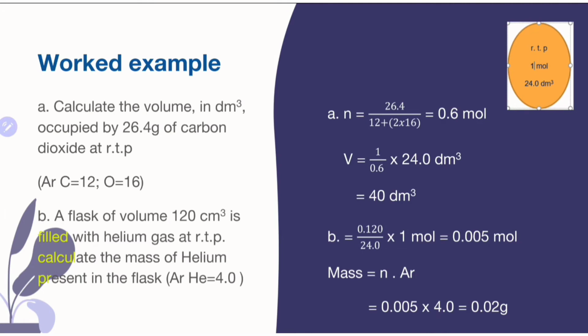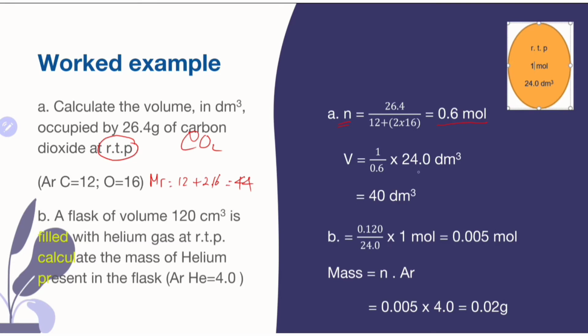Another example here. Calculate the volume in dm cube occupied by 26.4 g of carbon dioxide, CO2. We find out the Mr. 12 plus 2 times 16. That's 44. So, from 26.4, we calculate the mole, its mass over Mr. If we calculate, then we have 0.6 mole of CO2. Here, the condition is RTP.